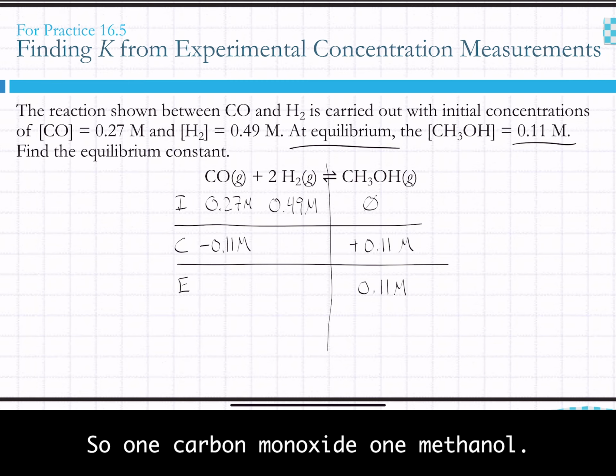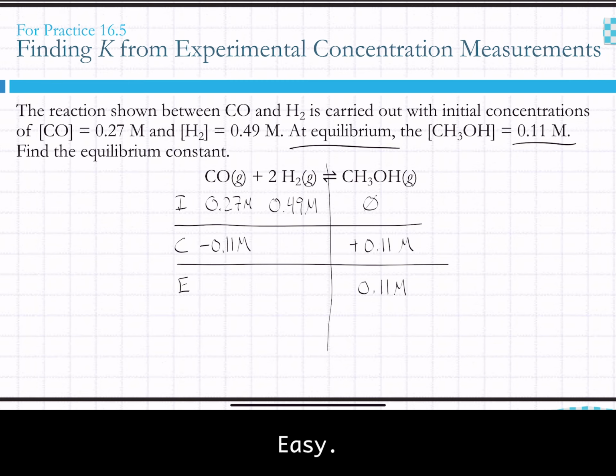So 1 carbon monoxide, 1 methanol, easy. What about hydrogen? 0.22. Yeah, 0.22, or 2 times 0.11, which is 0.22.